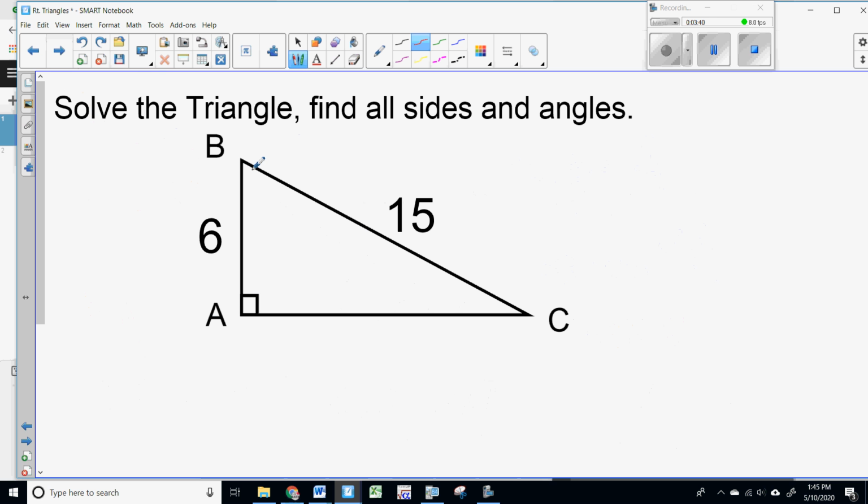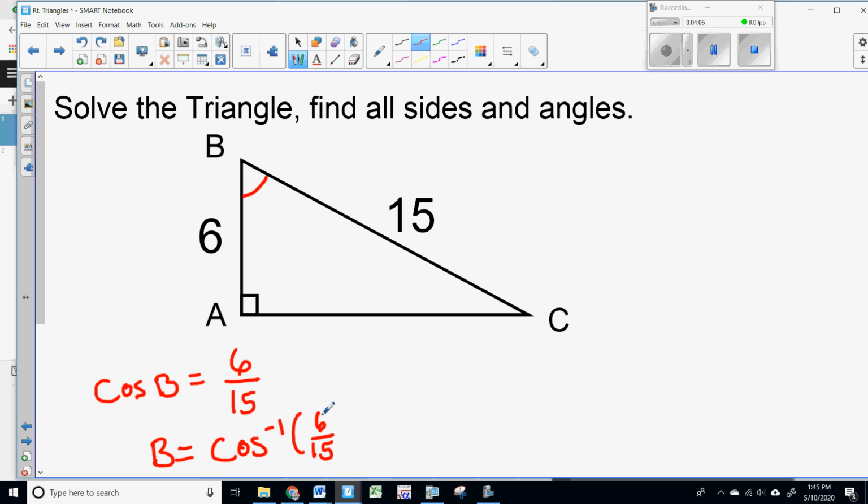So first, let me find angle B. I can find angle B by saying cosine of B is adjacent over hypotenuse, which is 6/15. So for my angle B, I am now going to use the inverse cosine, which is cosine to the -1 of 6/15. Now let me do this on Desmos.